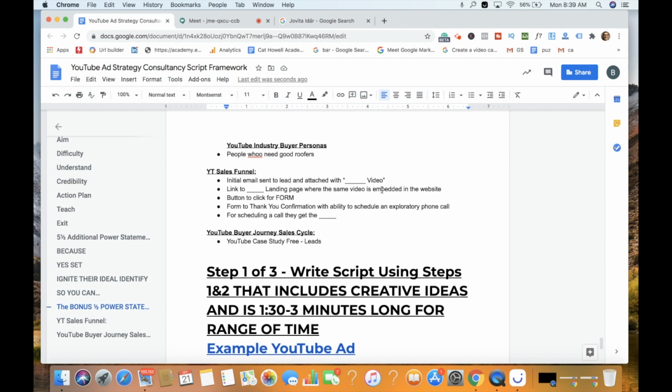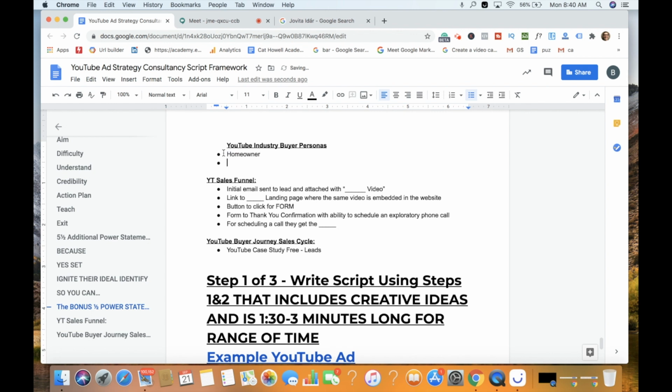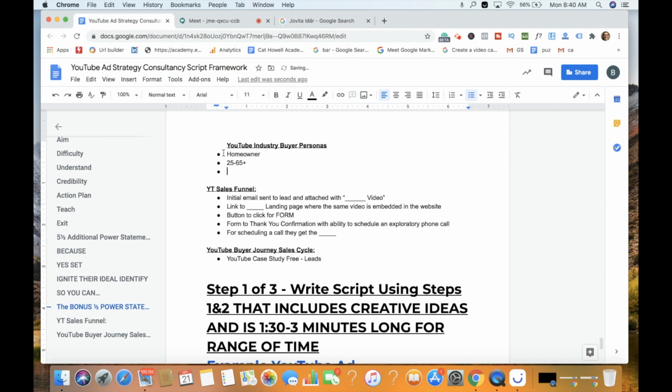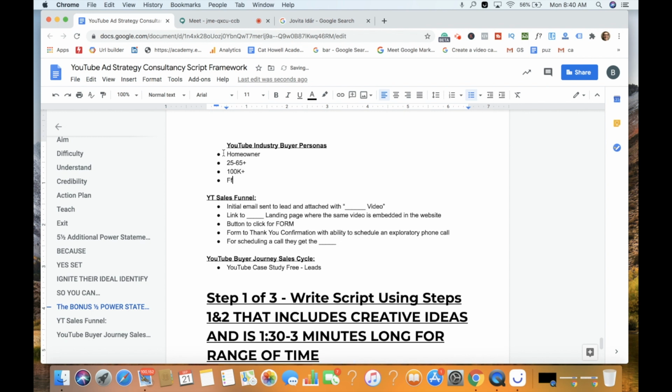And then the last thing that I like to do is making sure that you guys, and this is more marketing stuff, I'm sure you guys know this, but what does a homeowner buyer persona look like, right? So maybe it's 25 to 65 plus, they make 100K plus, maybe they have a family, all of those things as you do the marketing side of it.